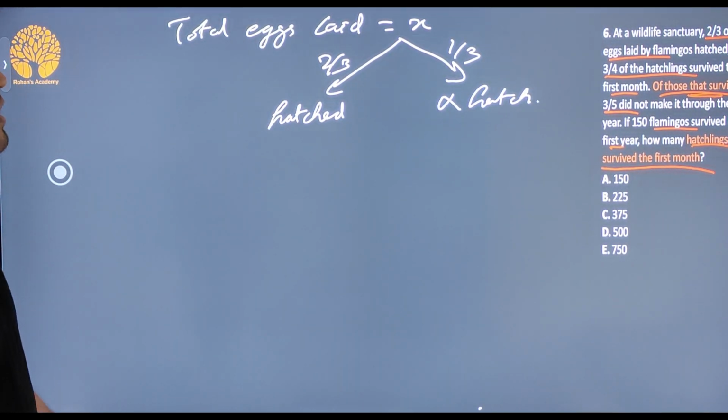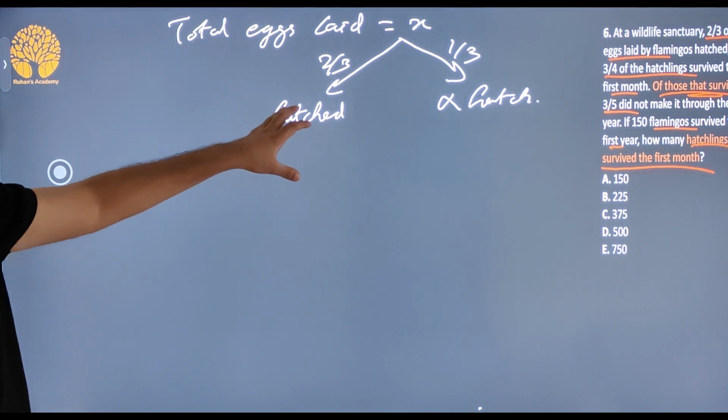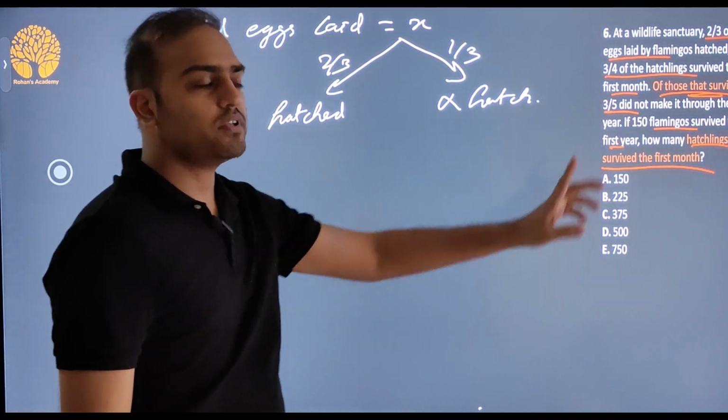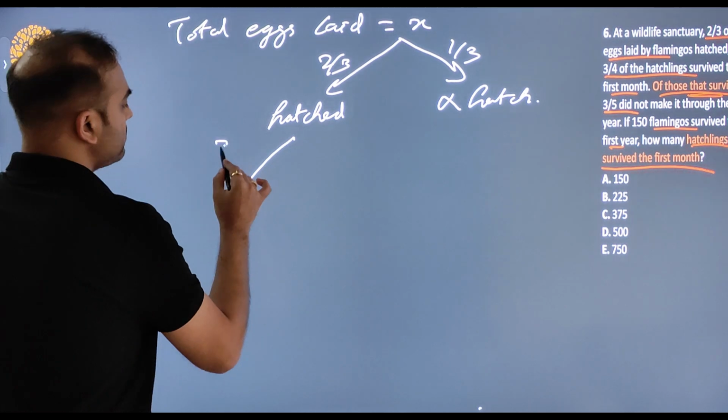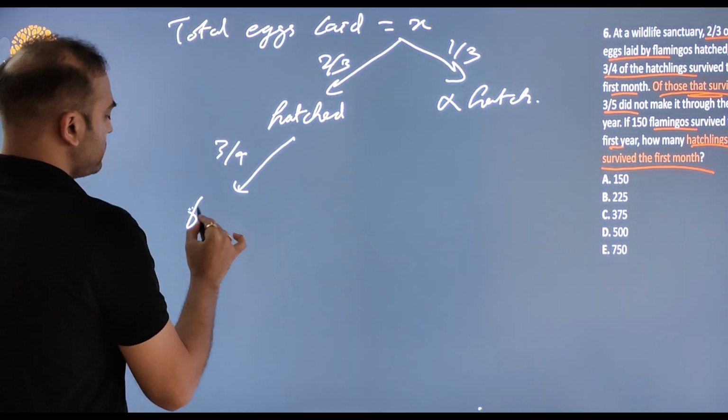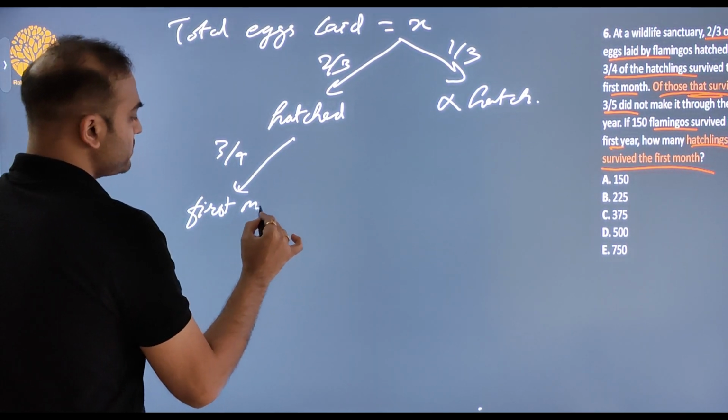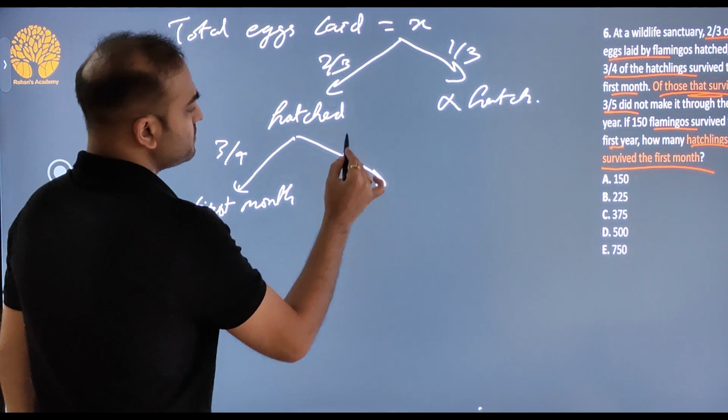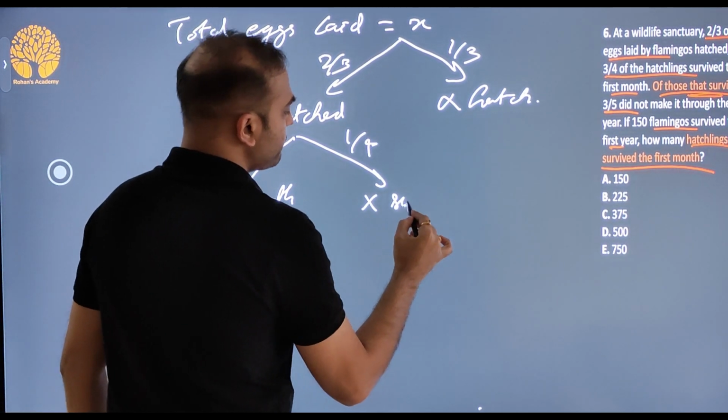Now of the hatched, 3/4 of the hatchlings survived the first month. So 3/4 of this survived the first month, which means 1/4 of these did not survive.